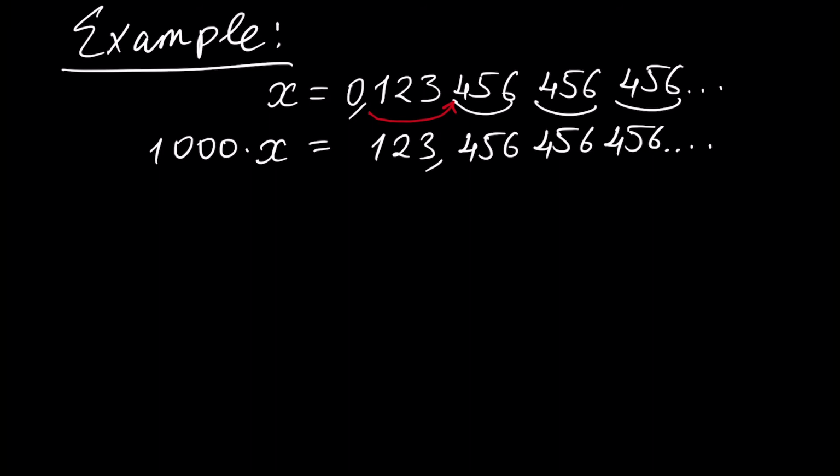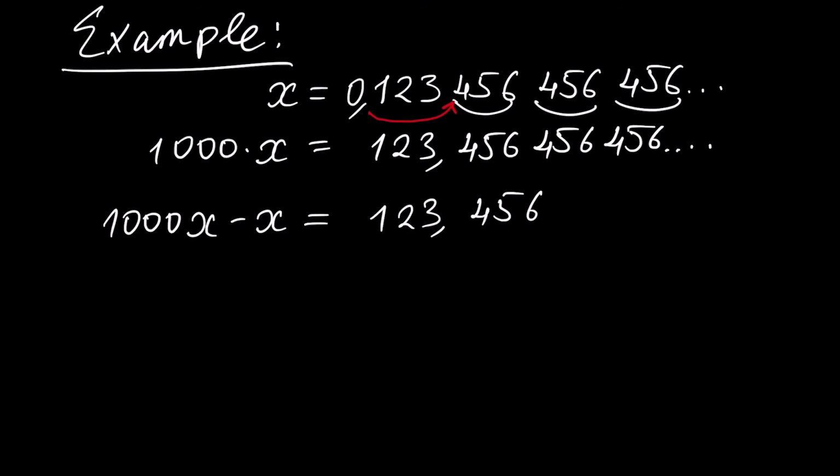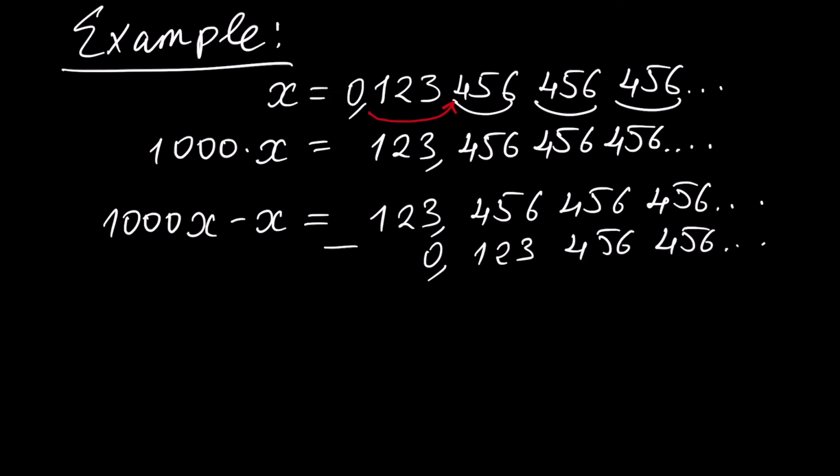Next, we perform a subtraction and write 1000x minus x is equal to 123.456 456 456, and so on, minus 0.123 456 456, and so on.